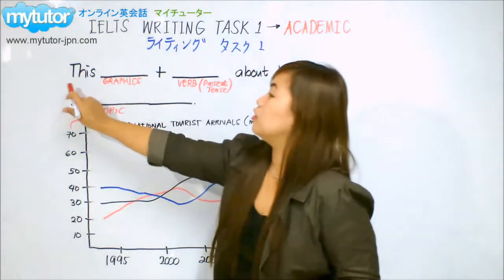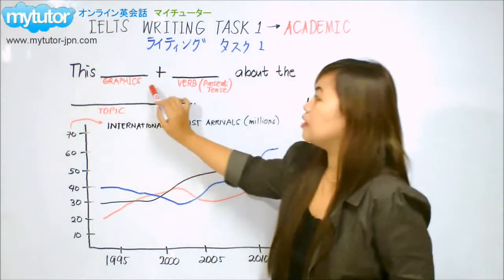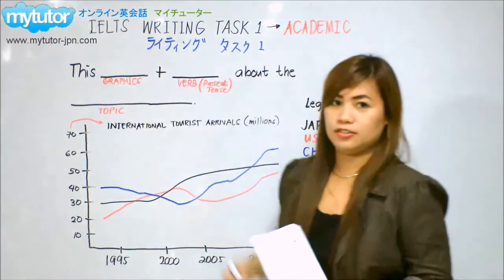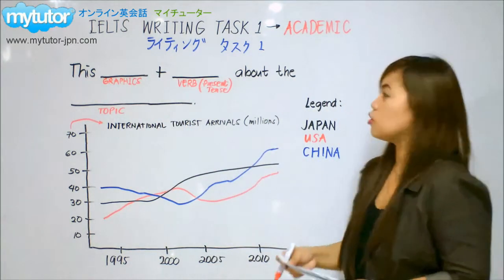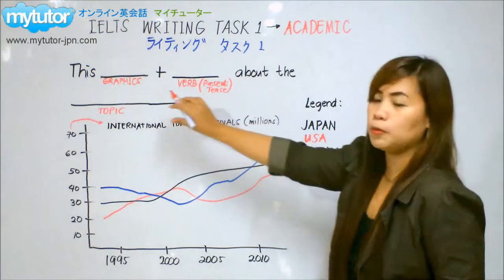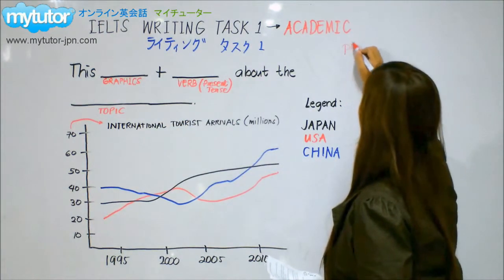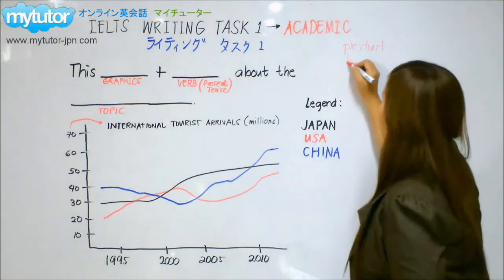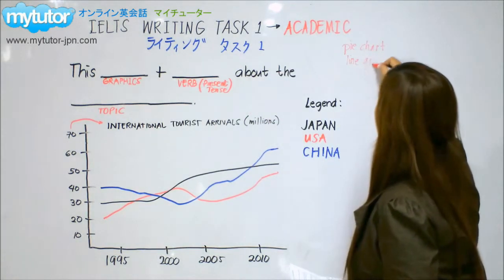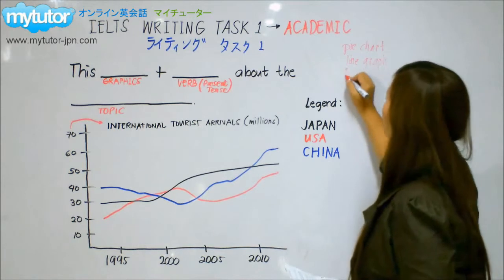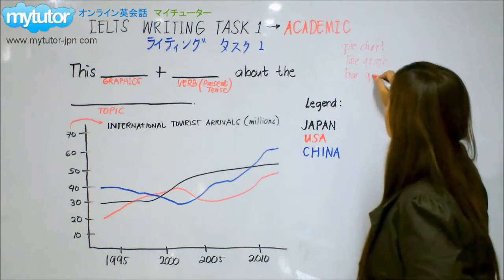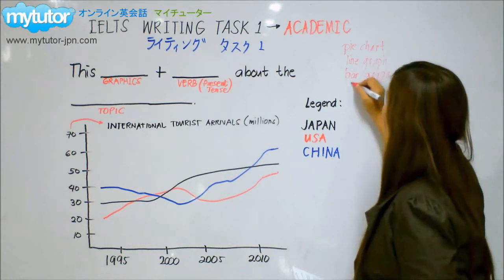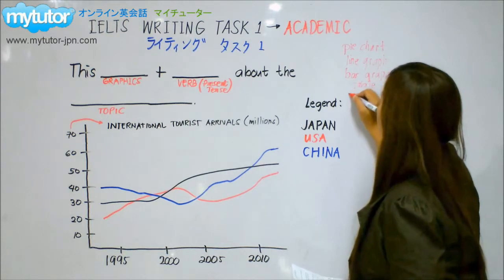This is the pattern. Here, graphic. So infographics we talked about. You can write here probably a pie chart. What else do we have? A line graph, or a bar graph perhaps, a table, or a flow chart.